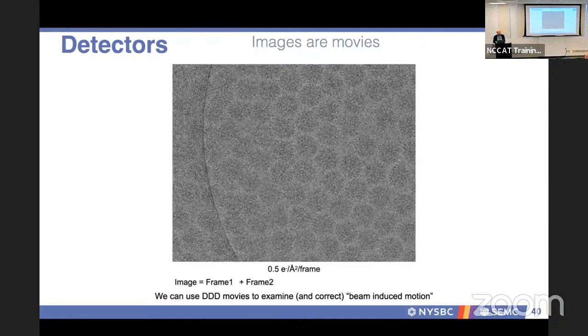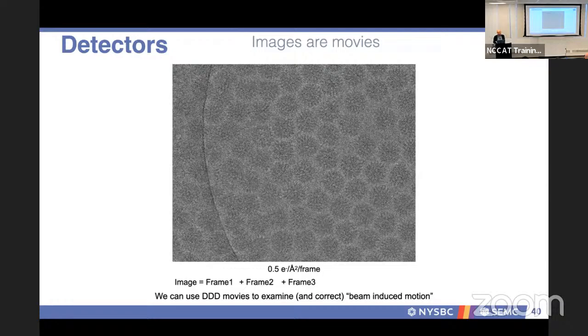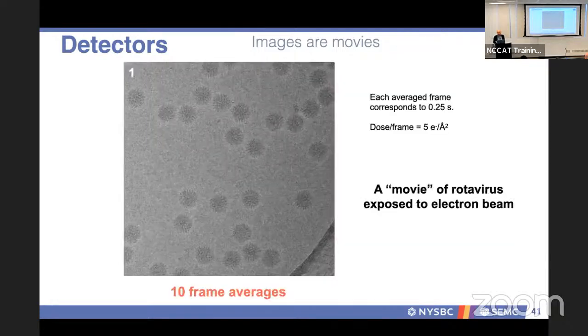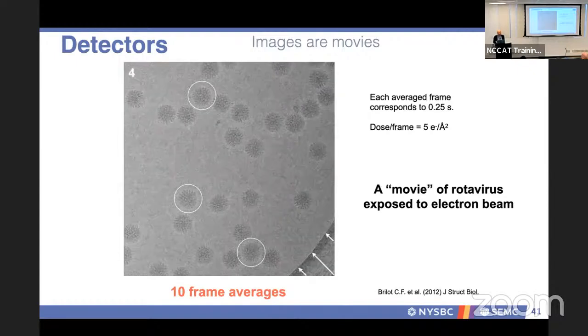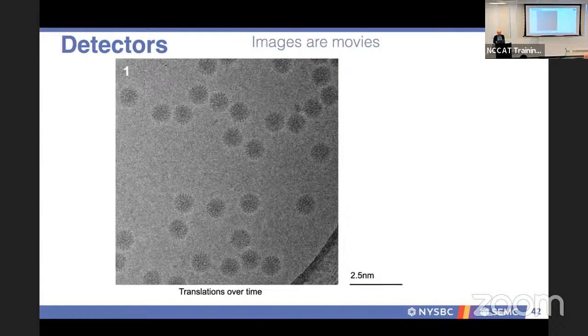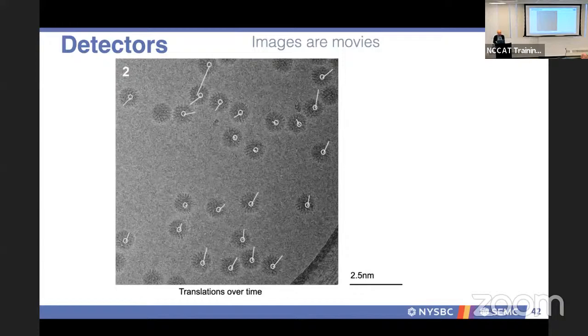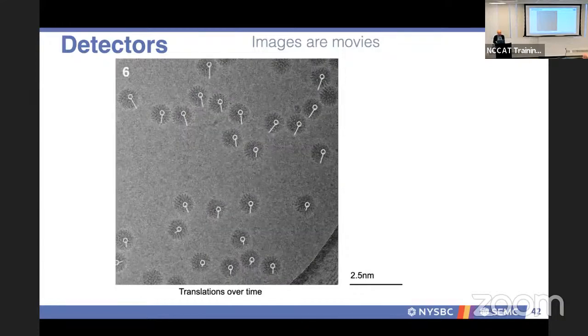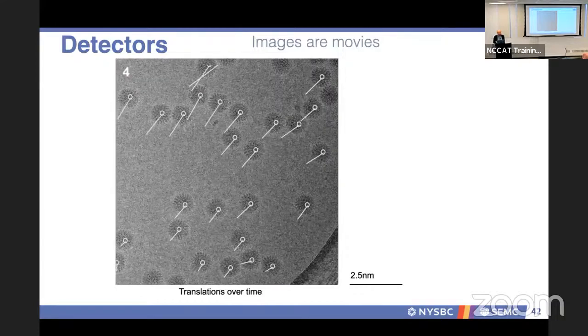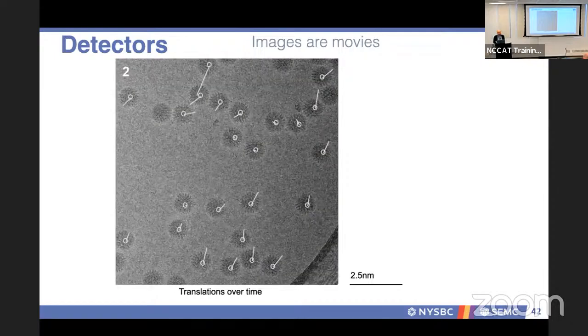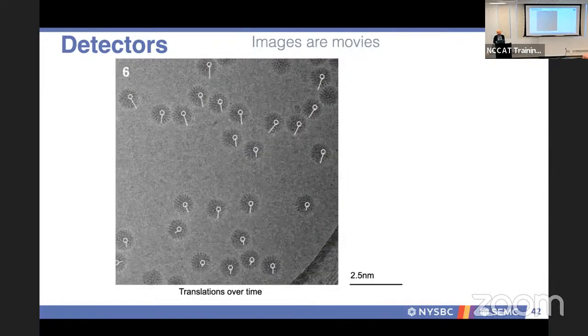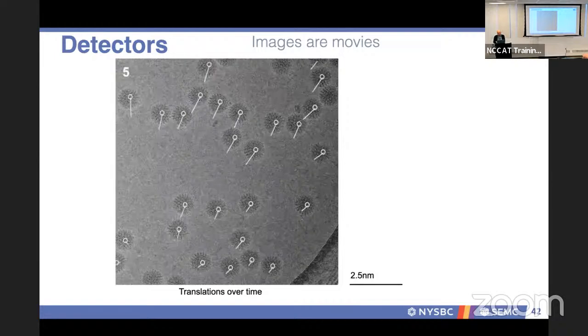In practice, our images, as I was talking about, are not static images, but they're movies. So that's where we can have the power of processing, and we can do motion correction to gain back resolution. So even if an image is moving, and this is an exaggerated version of a rotavirus in a long exposure, the image over time is not static, and even the particles within that image may not be static.